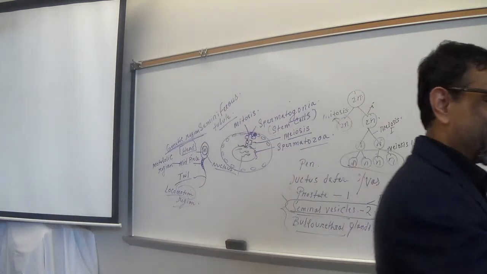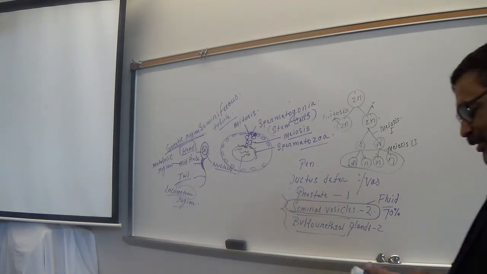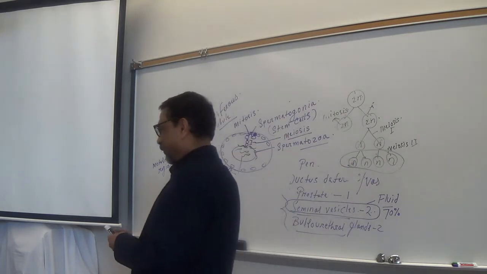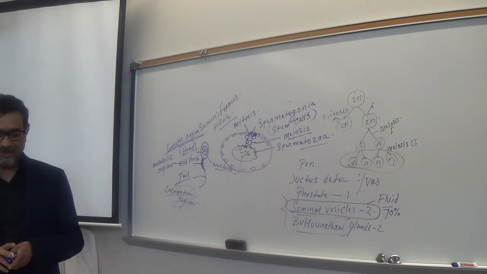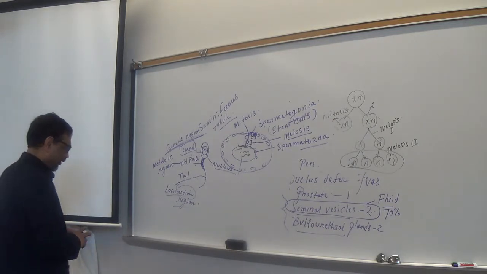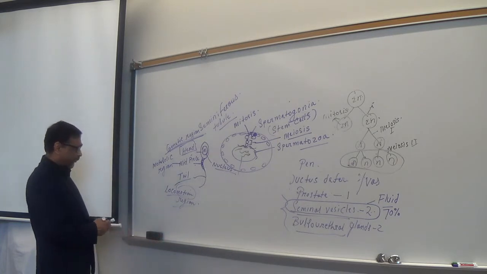It's like a baby fish. It can swim in the fluid, because it must swim to reach the ampulla of the uterine tube or fallopian tube. Anyway, so that is the normal sperm.